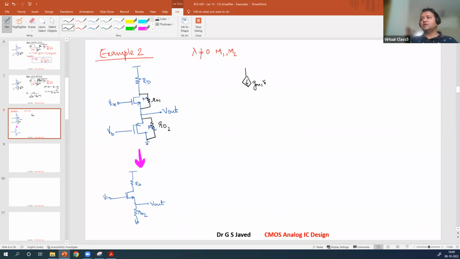GM1 V1, and there is R0 at the output, R01. Where is this Vout taken? Not at the drain, right? It's taken at the source of this device. So drain will be shorted. Here, the drain is kind of shorted. I will bring the Vout here.